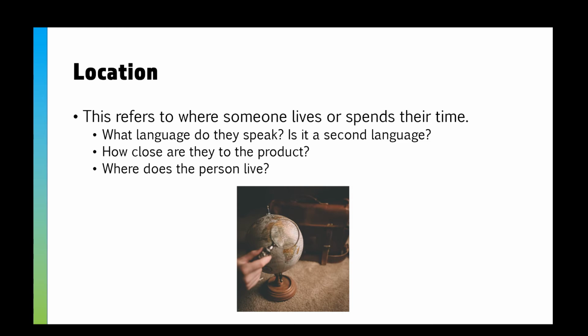Now, how close are they to the product? So if it is a music festival or something, how much are they going to have to travel to get there, and where does that person live? These can also interchange, so income and location can go hand in hand. If you live in quite a rundown poor town, for whatever reason that is, and you've got a low paid job, you're not going to be able to go to a festival abroad because it costs a lot more money to them.